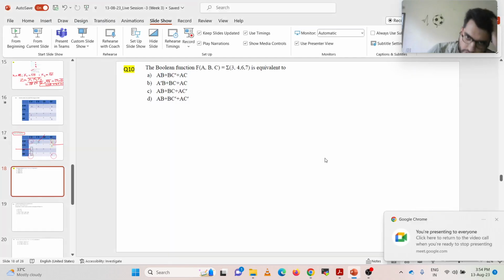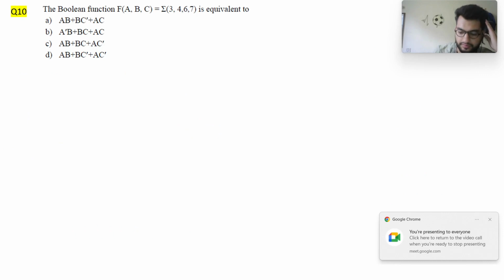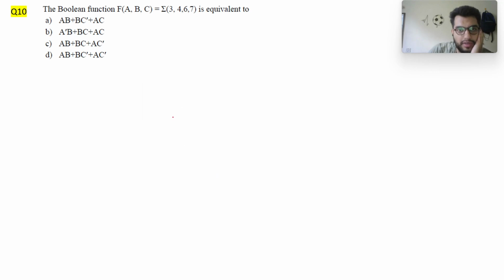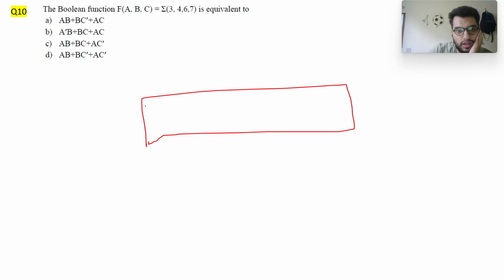So let me just show you the solution to this question. We have this function f of ABC equal to summation of minterms 3, 4, 6, 7, and we need to find out what it is equivalent to. So I'll just draw a three variable K-map. Here we have A, here it's BC.